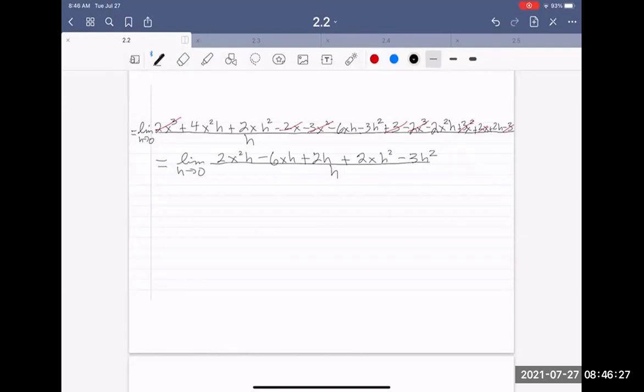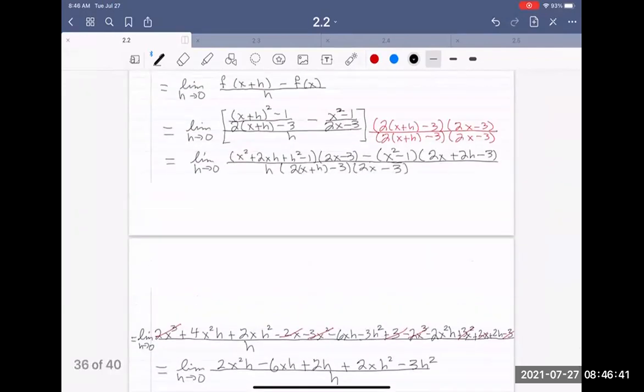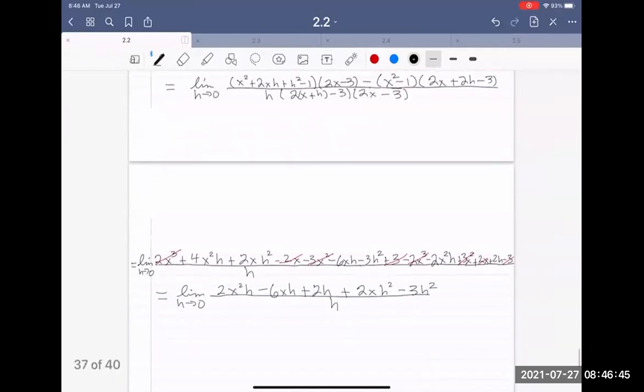Let me just check. And that looks correct. Oh, except my denominator is completely wrong, going from one end to the other end.